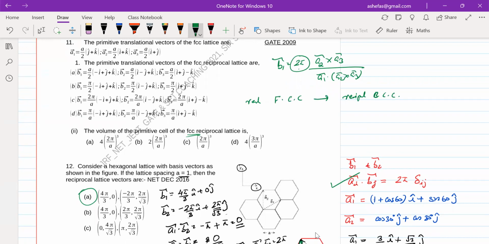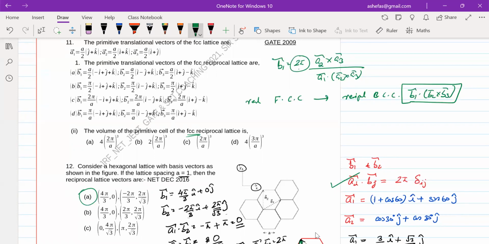Therefore its volume would be b1 dot b2 cross b3. So b1 dot b2 cross b3 would give the primitive volume. In the case of the real lattice, a1 dot a2 cross a3 gives the volume of the primitive unit cell. For the reciprocal lattice, b1 dot b2 cross b3 gives the volume of the primitive unit cell.